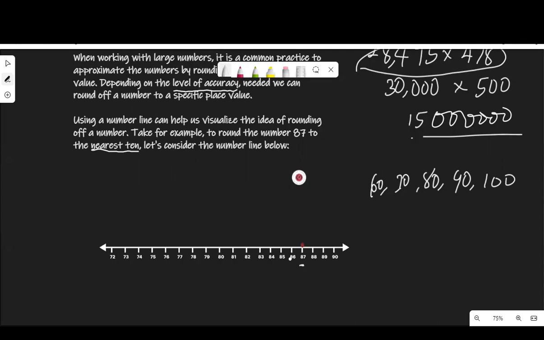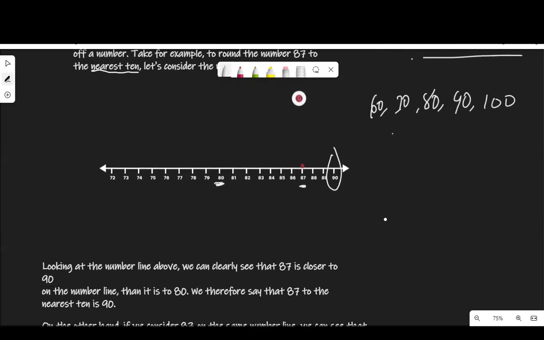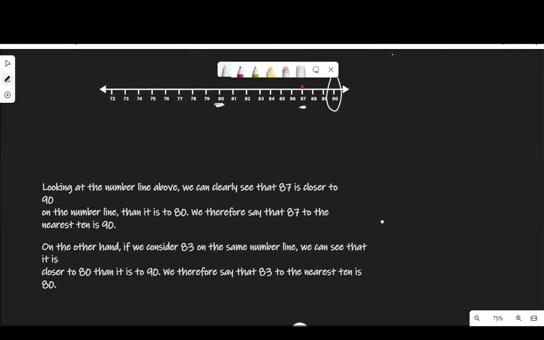How many numbers do I need to count before I get there? 1, 2, 3, 4, 5, 6, and 7. So 87 is closer to 90 than it is to 80. So 87 to the nearest 10 is 90. That is how to use a number line to visualize the idea of rounding a whole number.